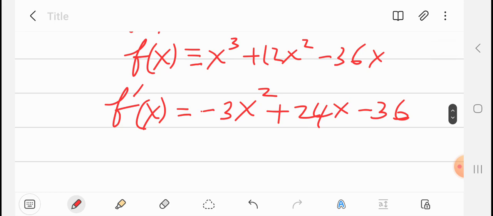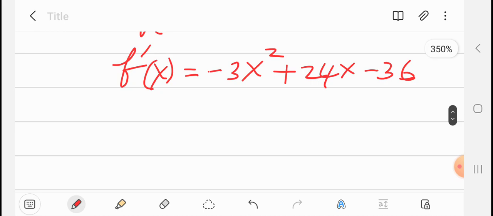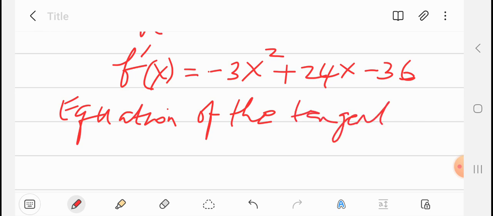Now, the equation of the tangent at T is y equals 9x minus 54.